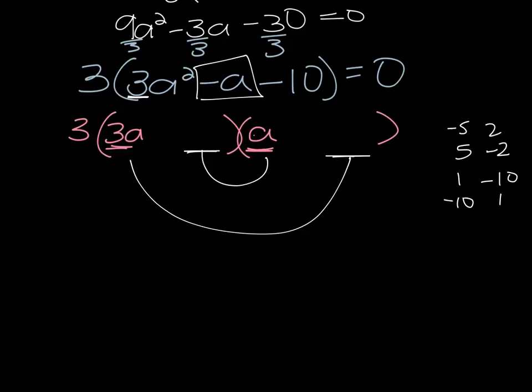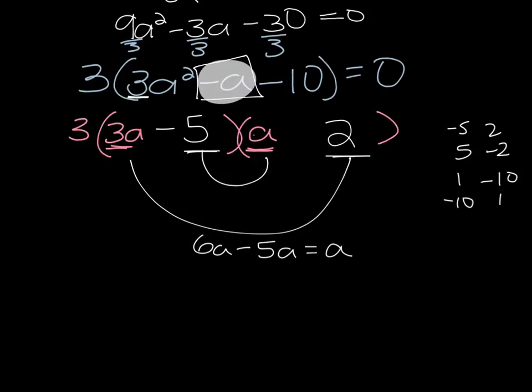You with me? So if I did 5 and 2, and I multiply the outer 2, I get 6a, multiply the inner 2, I get negative 5a, and then add them, and I have a positive 1a. Is that this term? No, it's not positive. I need it to be negative.